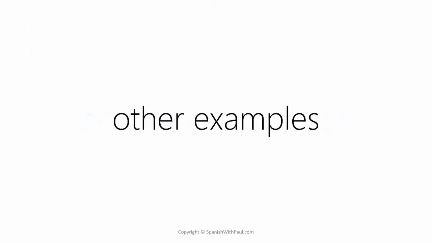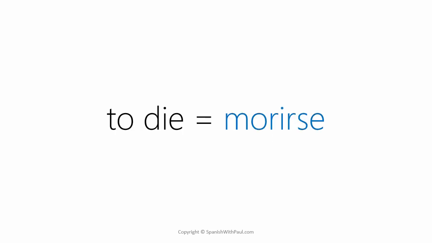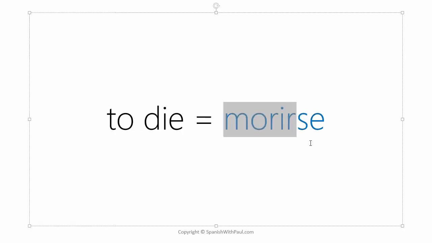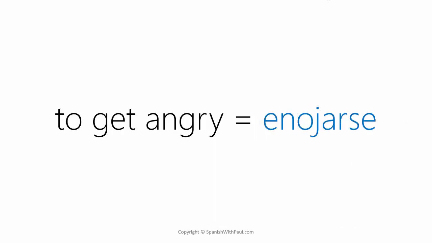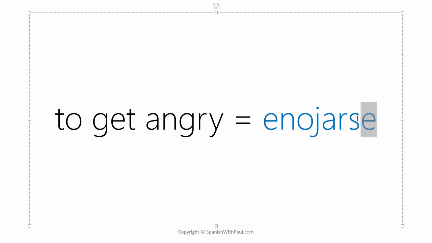To finish off the video, I'd like to give you some other examples of where in Spanish they treat the action reflexively, where in English we do not. For example, to die is morirse. You see you have morir, to die, and the se, they make it reflexive, where in English we do not. Or to get angry, this is an action in Spanish that they make reflexive.